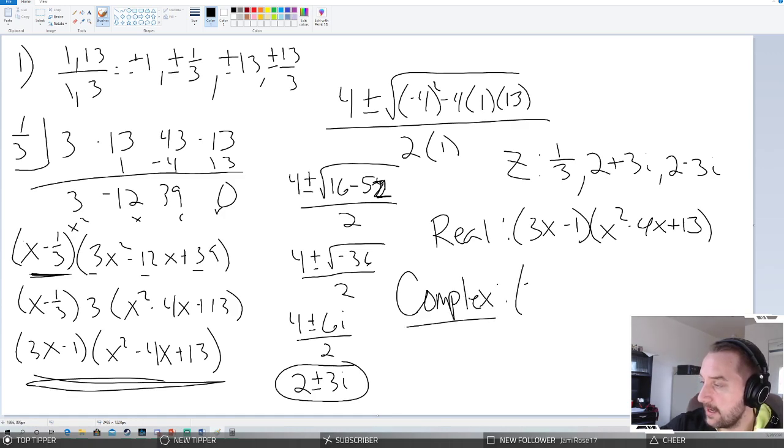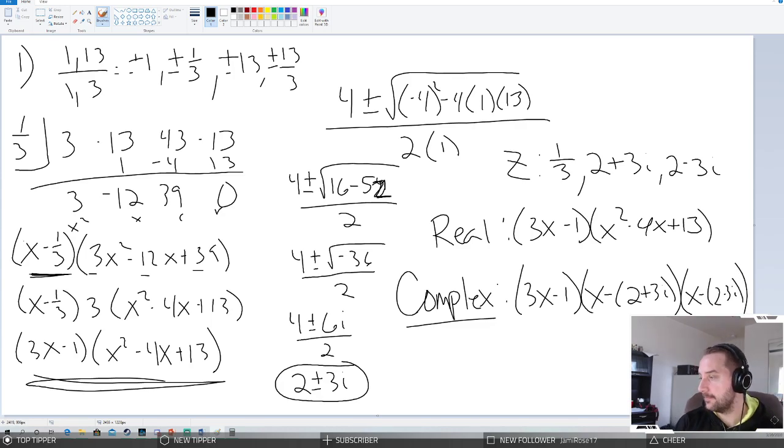And so that's going to be x minus my 0, so that's my first one, x minus my 0, and then x minus my 0. And so there is my complete factorization there.